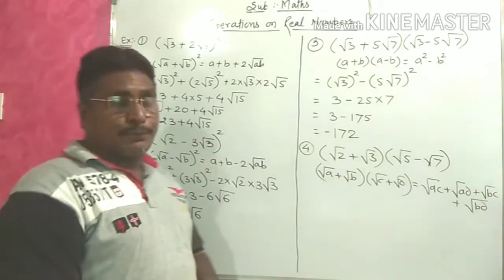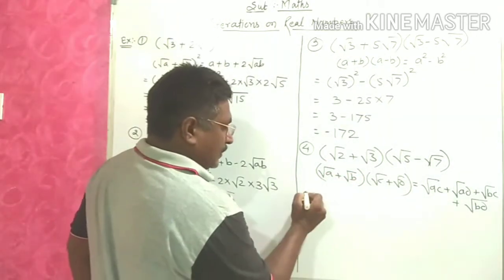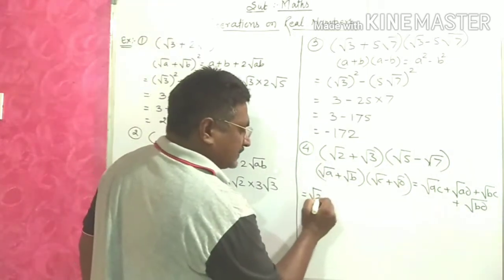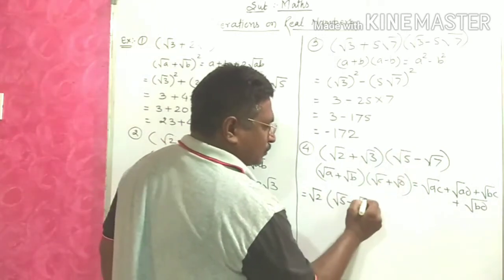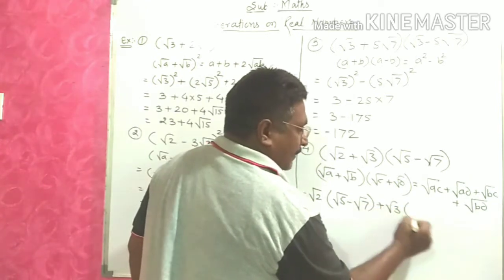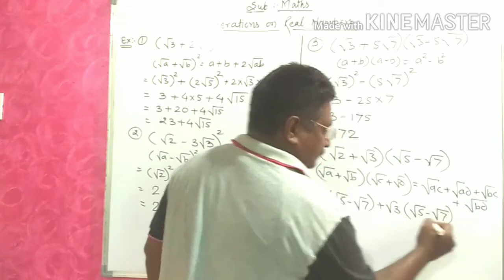It is the distributive property, which we have to use here. So first number, root 2, multiply the second bracket, root 5 minus root 7. Then plus root 3, multiply the second bracket, root 5 minus root 7.